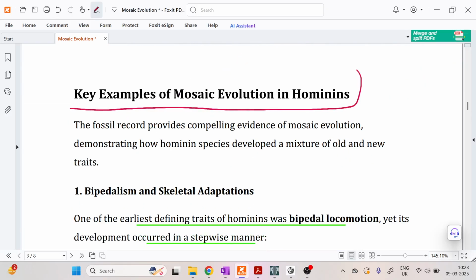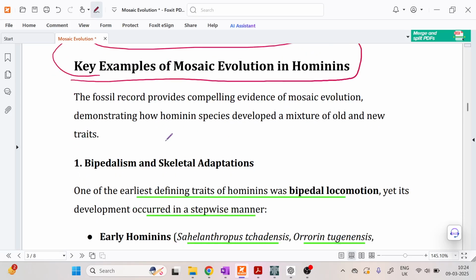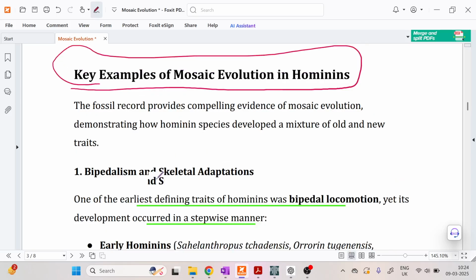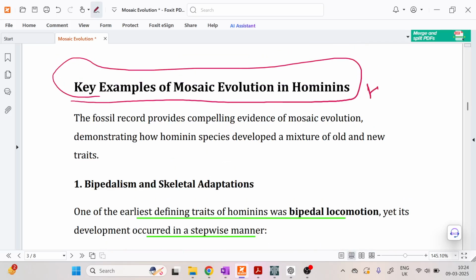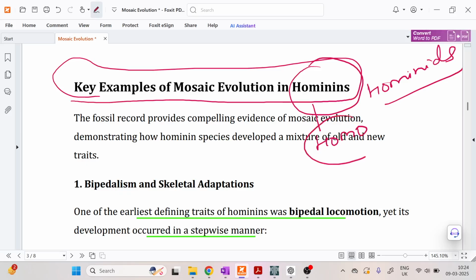Now let's take a look at the key examples of mosaic evolution in hominins. So hominins and hominids are different terms. The distinction lies in that hominin species are all those species that look like modern humans, or those species that have some surviving characteristics of modern Homo sapiens.